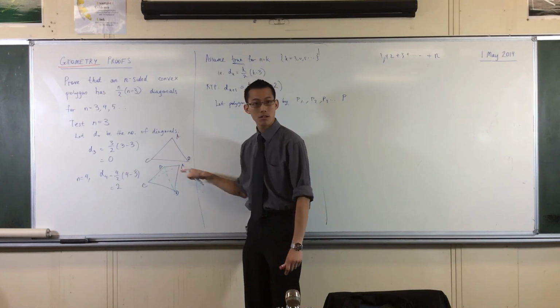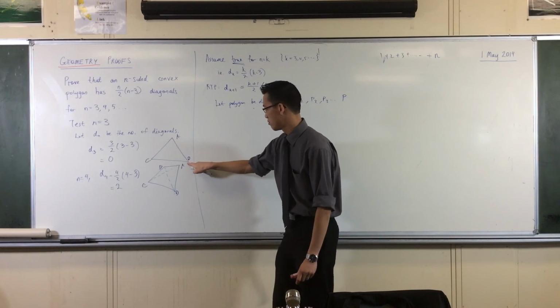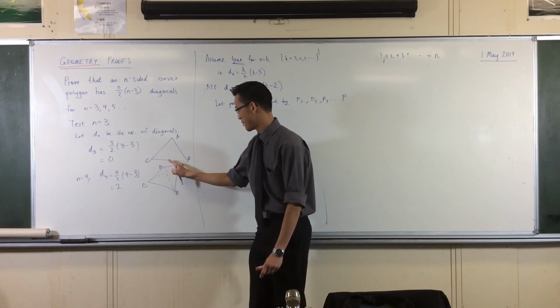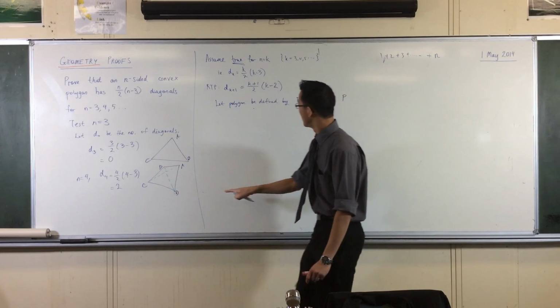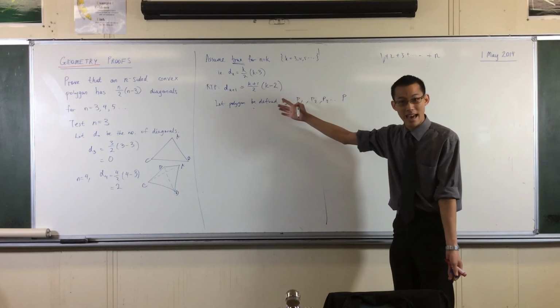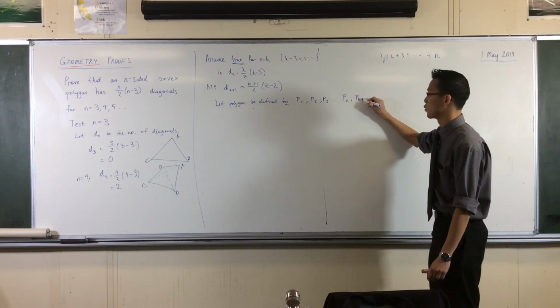This is n-sided. 3 sides, I have 1, 2, 3 points. 4-sided figure, 1, 2, 3, 4. Now here, I have a k plus 1-sided thing. So I'm going to have Pk there, and then the very last one will be Pk plus 1.